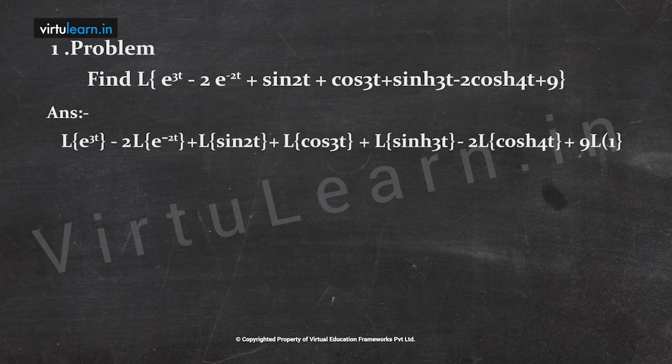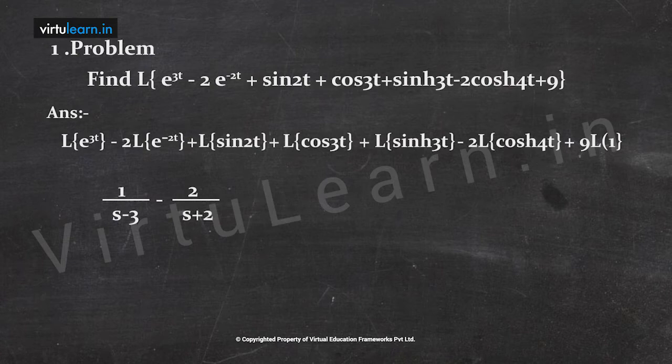Then using the basic formulas, I already gave you 27 formulas. In that, observe: Laplace transform of e^(3t), by the e^(at) formula, is 1 by s minus a, that is 1 by s minus 3. Then minus 2 is outside, I am writing minus 2 here. Laplace transform of e^(-2t), according to the e^(-at) formula, is 1 by s plus 2.